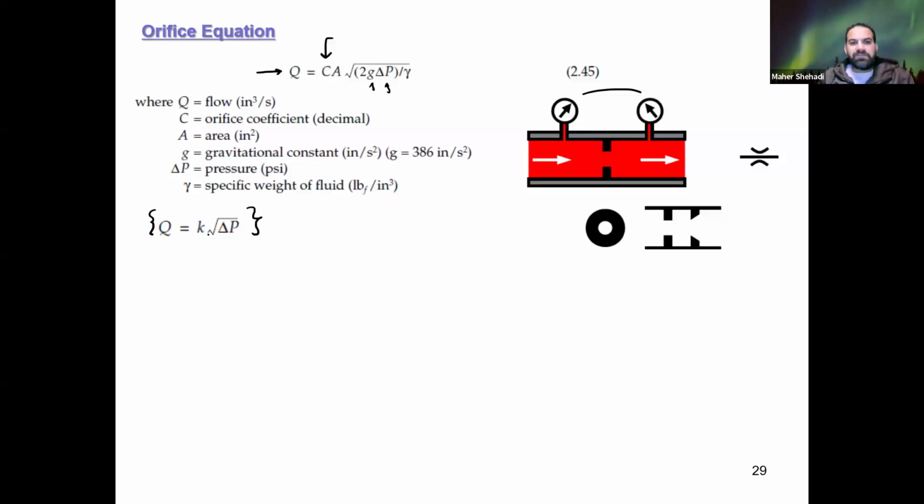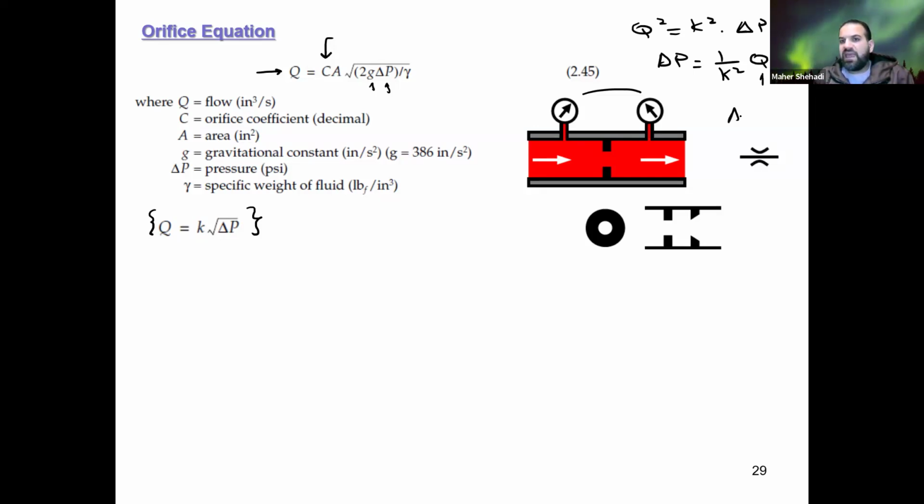If you square both sides, you get Q squared equals K squared times delta P, and then delta P will be 1 over K squared times Q squared.